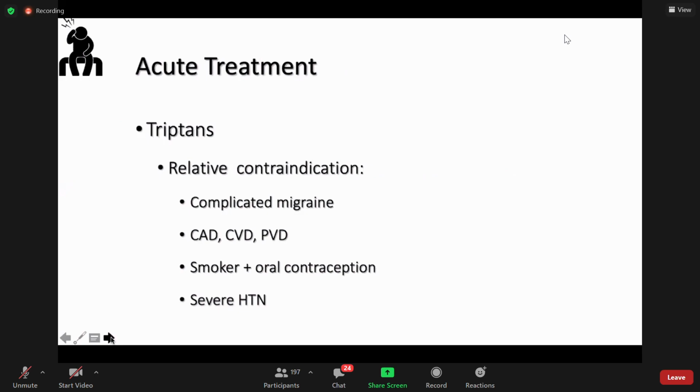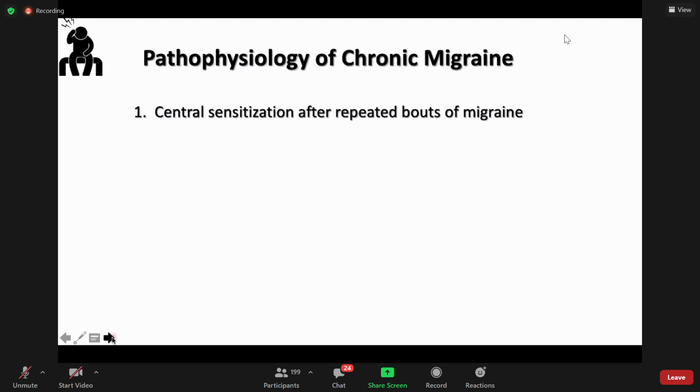Triptans, they have relative contraindication, as I mentioned, in complicated migraine, in cerebrovascular disease, coronary artery disease, in heavy smokers or patients on oral contraceptives because they enhance the vasoconstriction, or patients with severe hypertension.